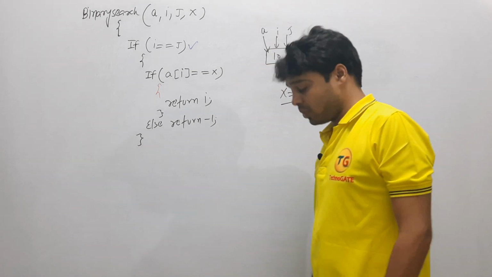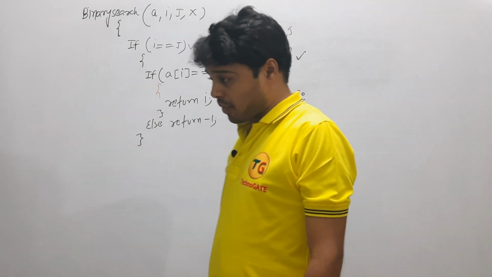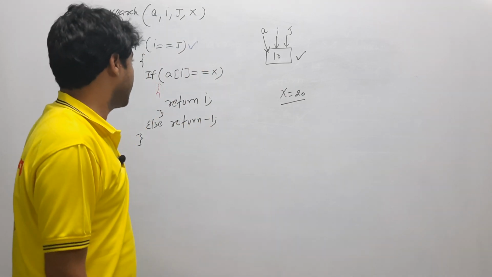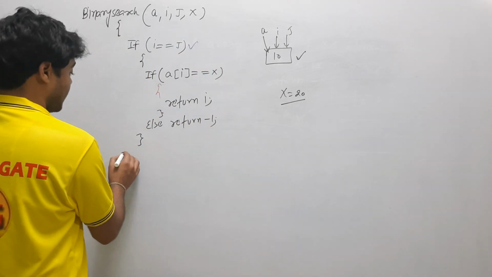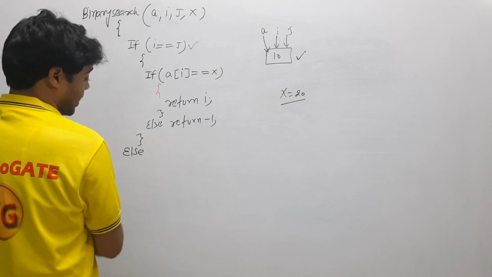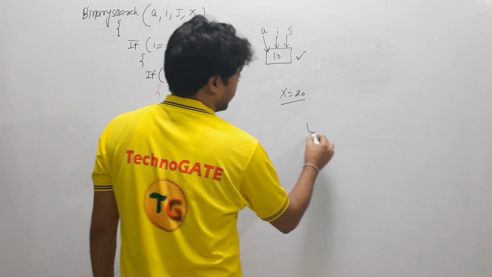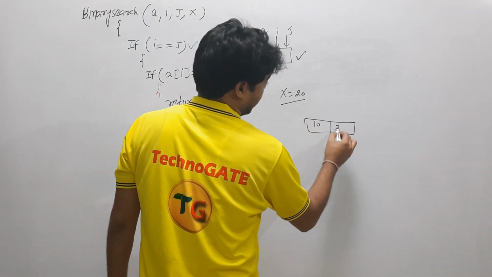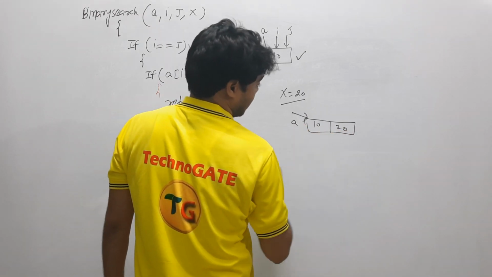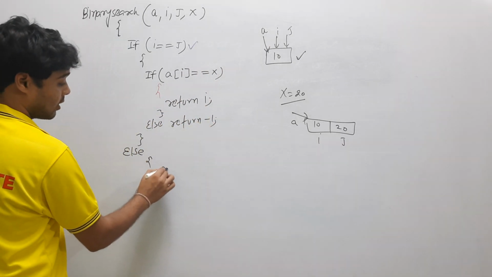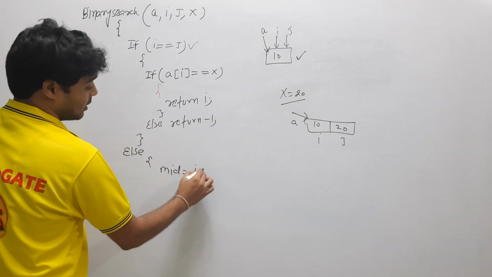Now, if there is more than one element, we have the else part. Suppose there are two elements, 10 and 20, at i and j. We have to find the mid element: mid equals (i plus j) by 2.